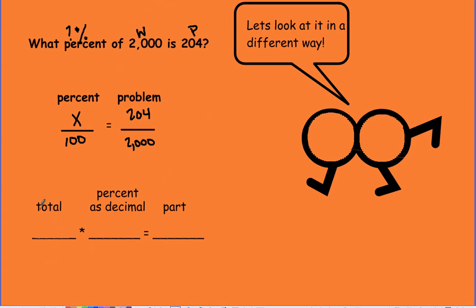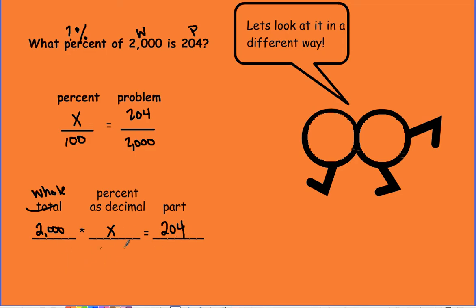Now, if I were doing it as an equation, my total would be 2,000. And actually you can cross that off and put whole because that might make more sense. Your percent as a decimal is x, and your part is 204.